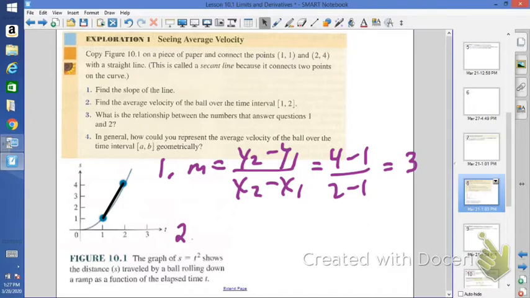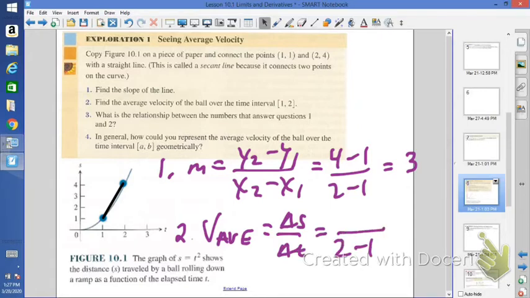Now in part 2 it says now find the average velocity of the ball over the time interval 1 to 2 seconds. So average velocity, that's our change in s over our change in t. Well, our change in t is 2 minus 1.